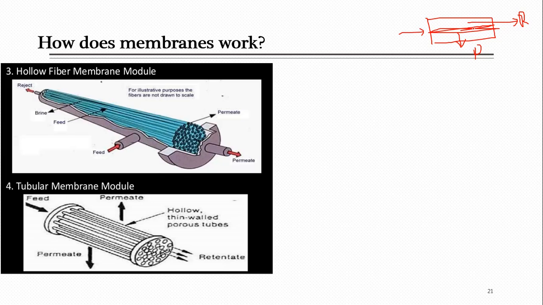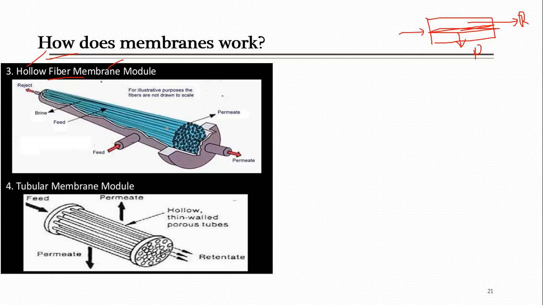But now we have to look at how the membrane makes separation. Before we discuss the various types of membrane mentioned here, just consider the hollow fiber membrane. These are fibers of small diameter, hollow from inside.